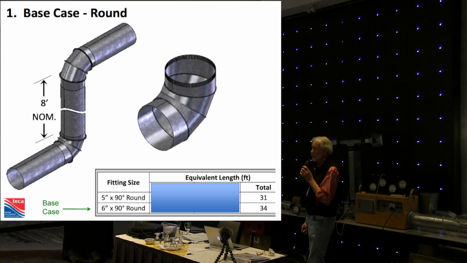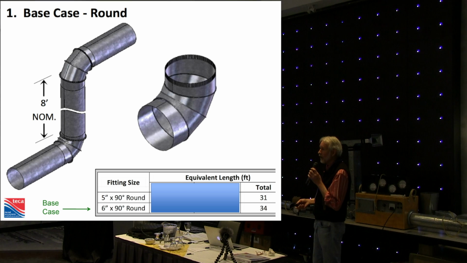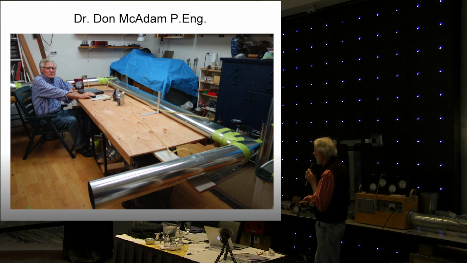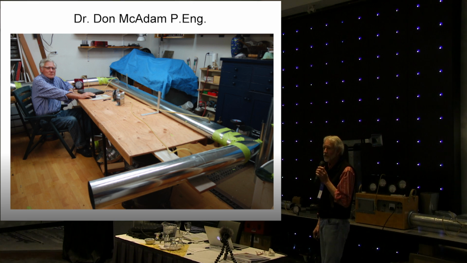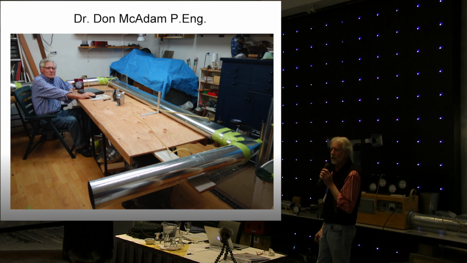In this case, each of these elbows is worth about 10 lineal feet of equivalency in terms of the pressure loss in pushing air through that thing. But this ain't nothing. Don McAdam took these 16 different methods which were brought to us by the installing trade. He laid them on a table with absolute precision over an entire summer, actually measured each of these things.